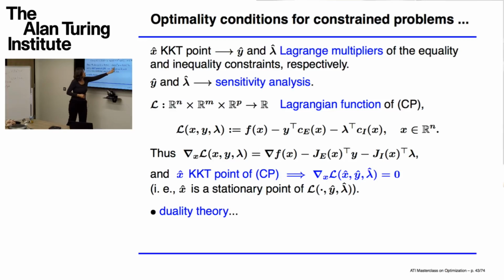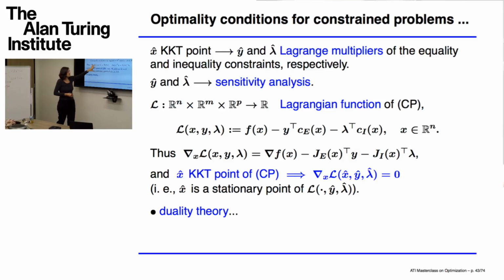So the coefficients that appear in this linear combination of constraint gradients in the KKT equations are called Lagrange multipliers. And this is the Lagrangian function.